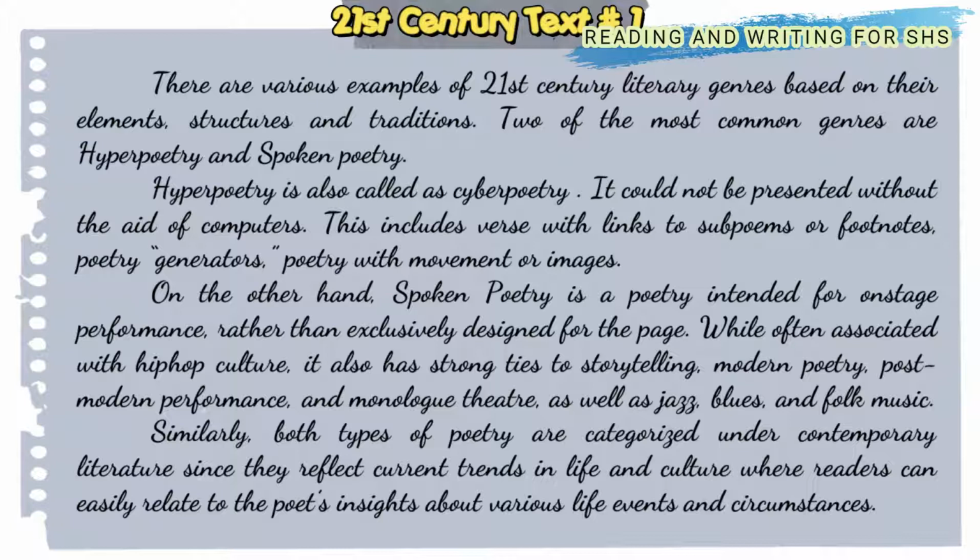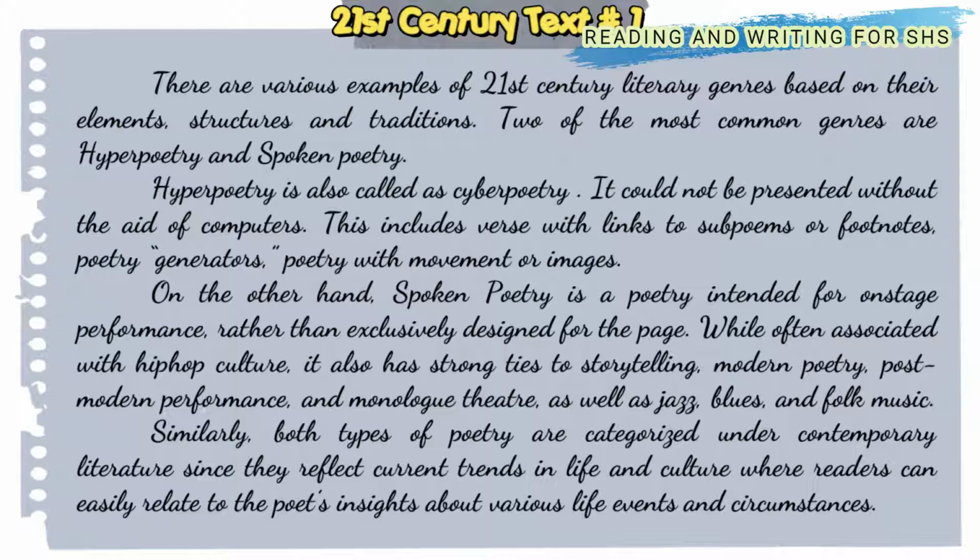This includes verse with links to sub-poems or footnotes, poetry generators, or poetry with movement or images. On the other hand, spoken poetry is poetry intended for on-stage performance, rather than exclusively designed for the page.